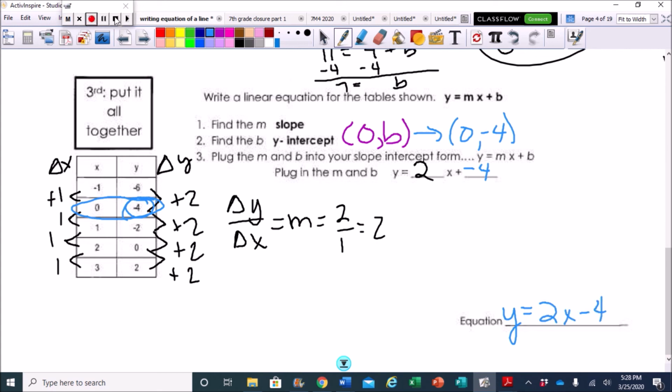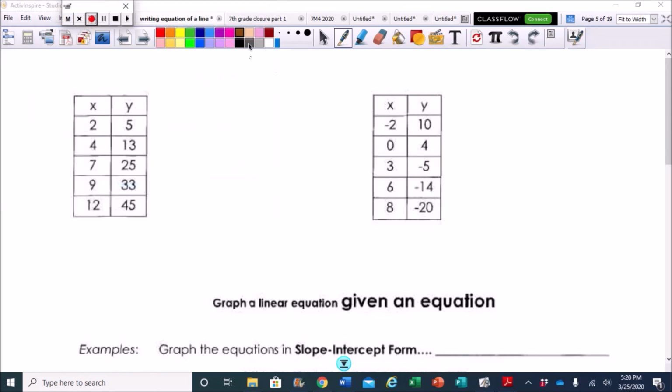The next example, we're going to write the equation y equals mx plus b. I'm going to take a look at my slope. So this is going up by 8, up by 12, up by 8, up by 12 for my delta y.